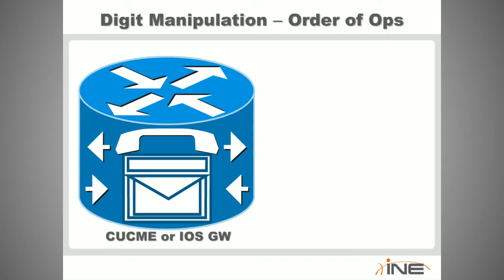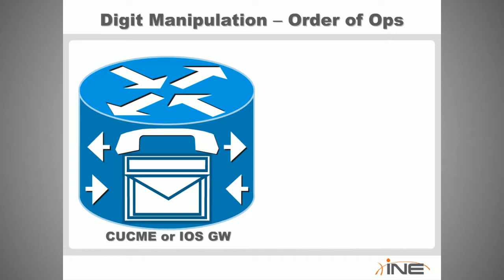So now we want to look at digit manipulation. Where can we affect the calling, called, and even redirect called, or sometimes redirect target of our numbers? Okay. We almost always, if not always, have a calling, also referred to as ANI, and we always have a called, or DNIS, or dialed number identification service.